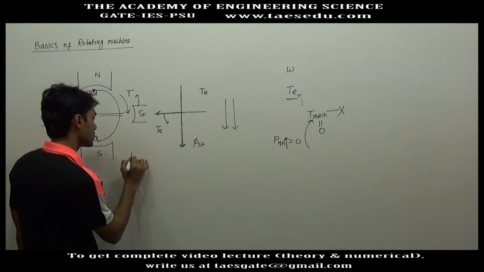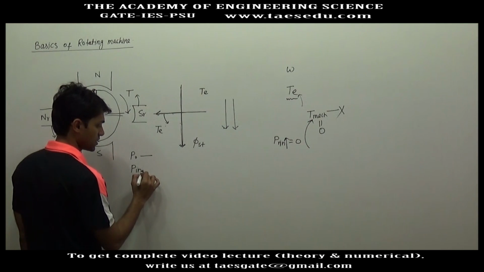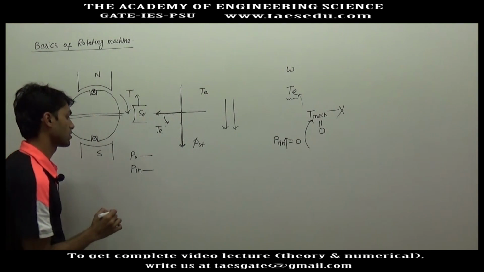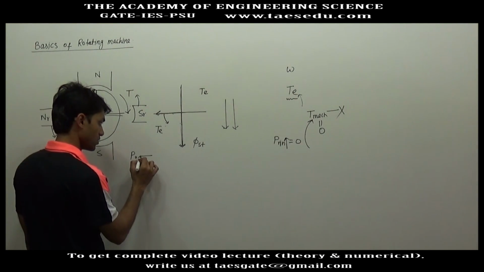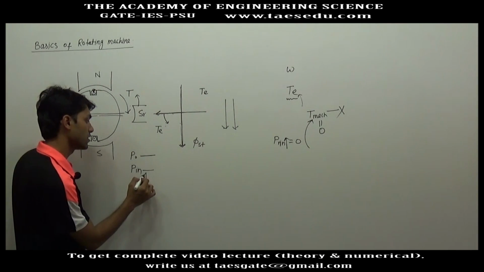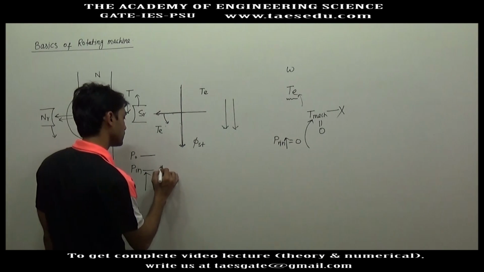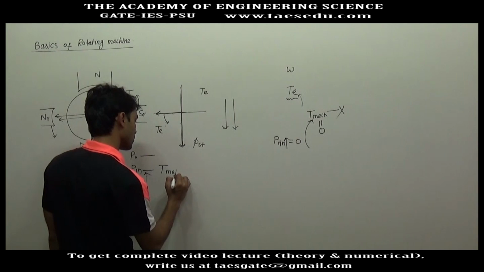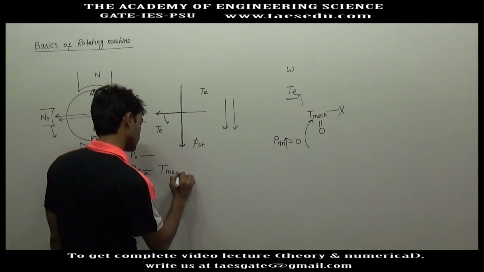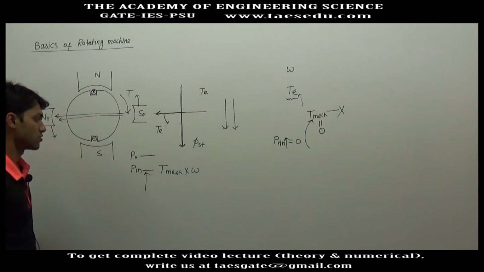If you want constant output power, you will have to apply constant input power. If you want a non-zero or high value of constant output power, you will have to apply non-zero constant input power. For that, you need to apply constant mechanical torque times the speed with which the rotor is rotating.